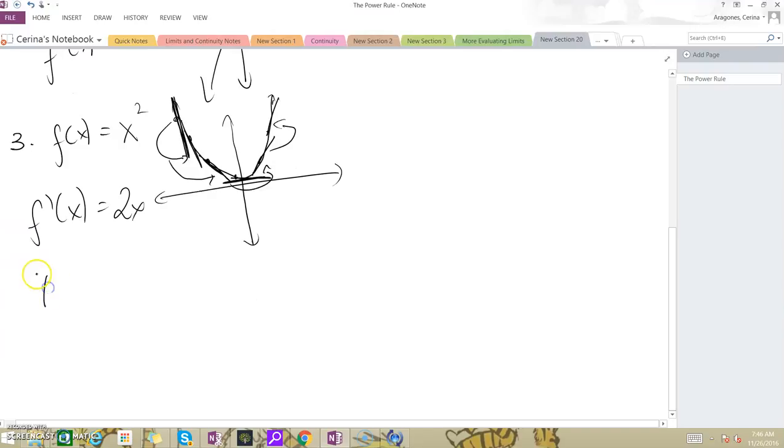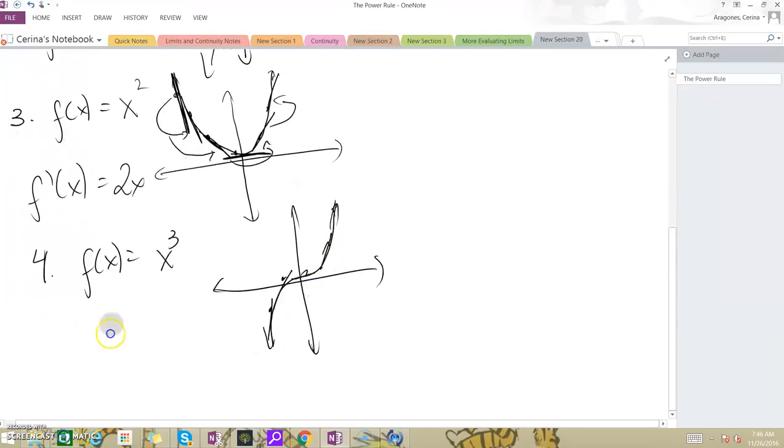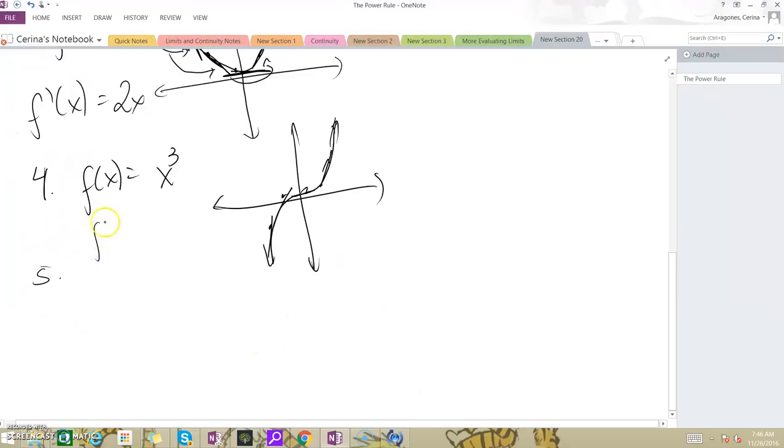We did the same thing for a cubic function. And we found out that our slope function was quadratic. So f prime of x was 3x squared.